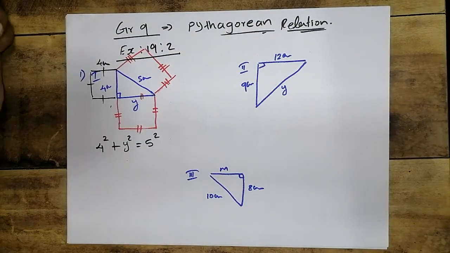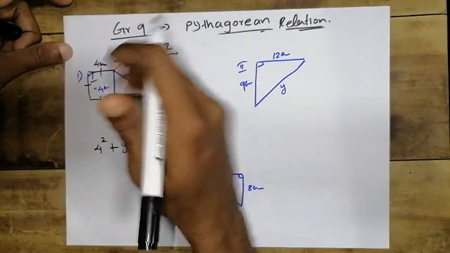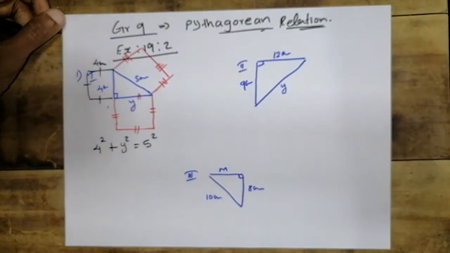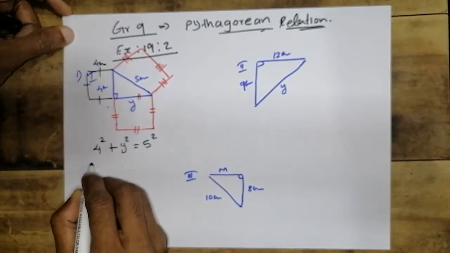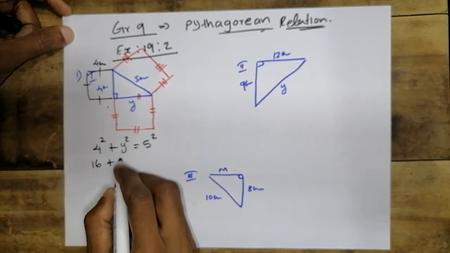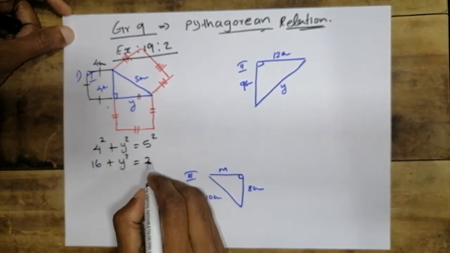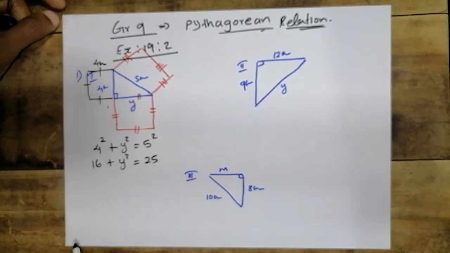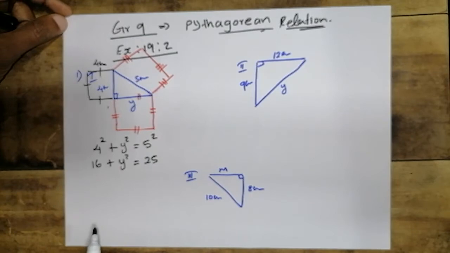I think you are more familiar with the theory. So we'll do the calculation part. 4 squared is 16, plus y squared, it's y squared. 5 squared means it's 25. So if you want to find y squared, you need to move the 16 to the other side.